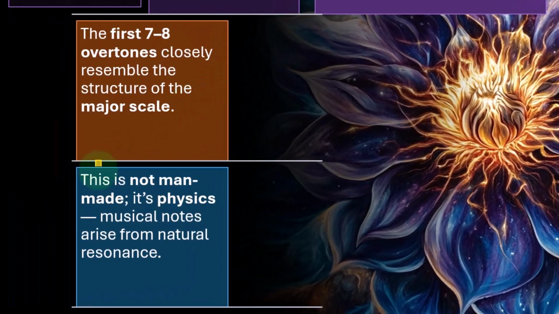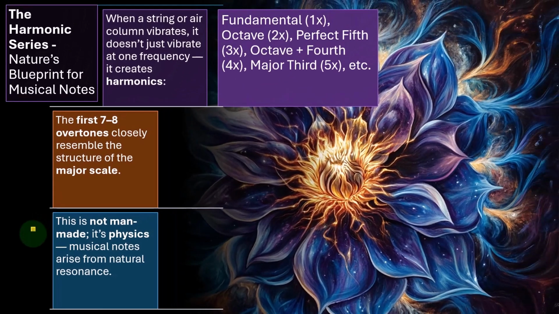But so this is not man-made; it's physical. Musical notes arise from natural resonances. So once again, you would think this gives us some restrictions from culture to culture. Notice other cultures might pick different notes, but they can't pick different notes past the octave. Otherwise, men and women couldn't sing together.